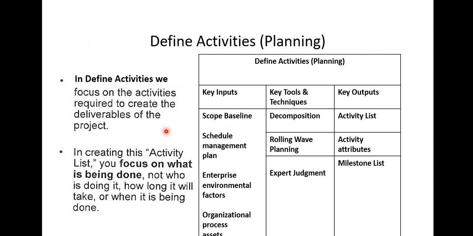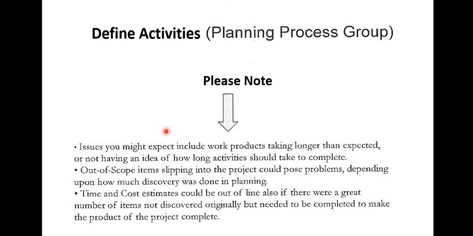Let's say we go and put B before A, or C before B, or D even before A. So we need to understand what each activity is for, what it entails, so that we can properly schedule all of those activities well.